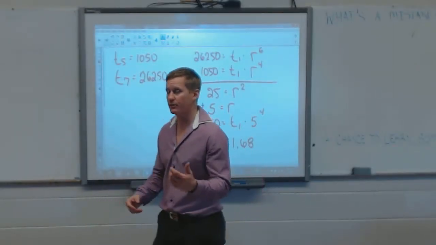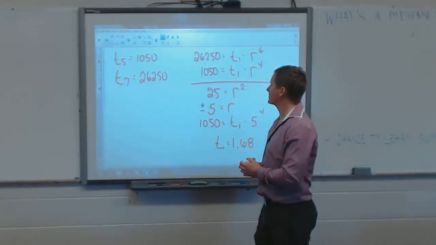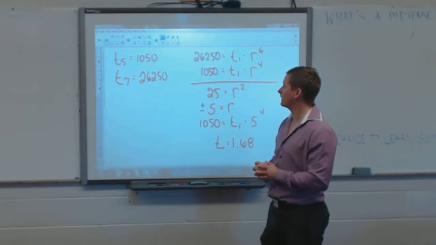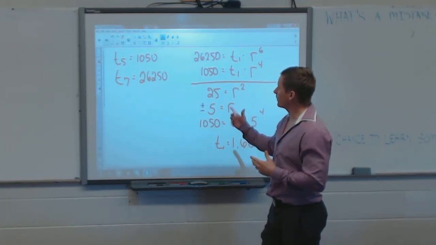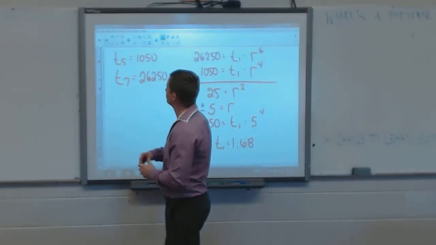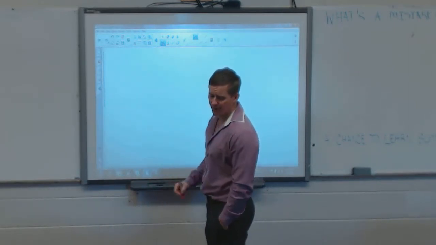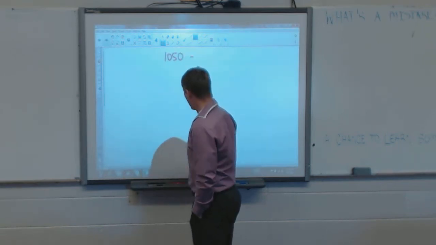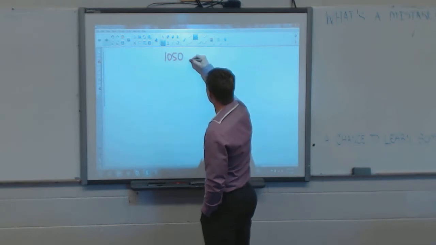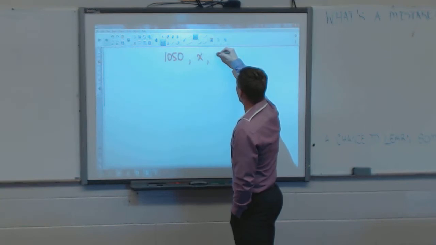Okay? Now I said to you this is the more consistent way of finding this with what you did with the solving equations in sequence and the arithmetic series or sequences. But there is actually maybe an easier way to solve this question. And it's simply this. The fifth term of this sequence is 1,050. I don't know what the sixth term was, but I do know what the seventh term was.